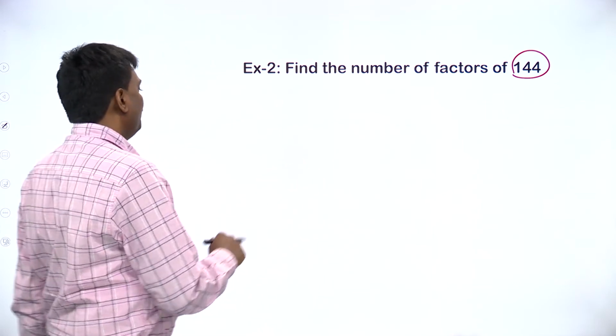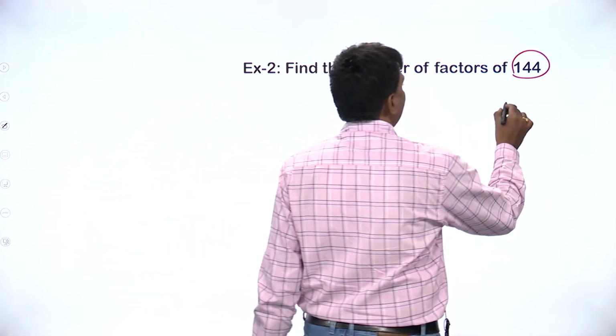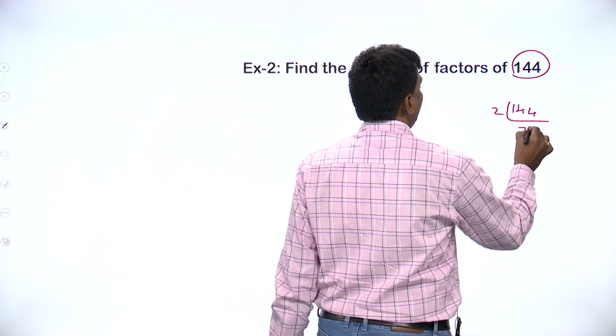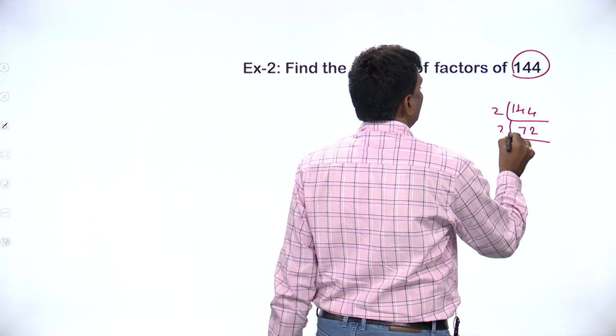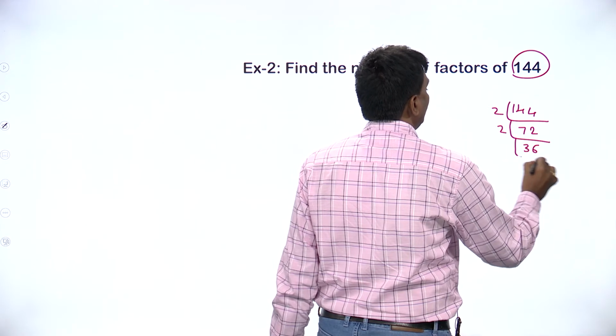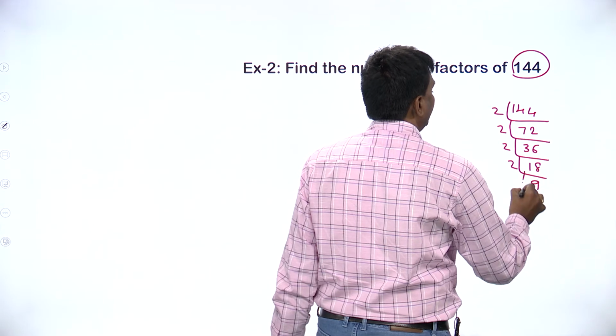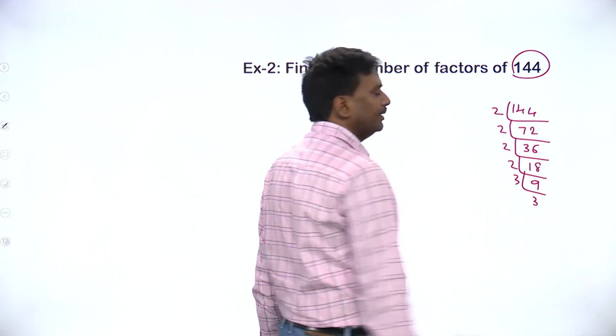Where 144 can be written as, so by taking the LCM, 2 7s are 14, 2 2s are 4, 2 3s are 6, 2 6s are 12, 2 18s are 36, 2 9s are 18, 3 3s are 9.